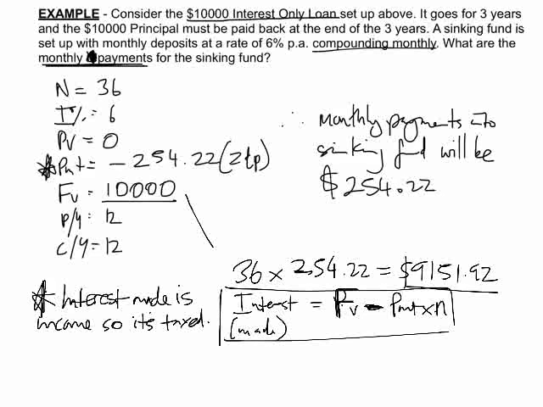So that is an example of a sinking fund, working out what the regular repayments are for that. That is basically the last thing that you need to go over. Do your exercises, finish off that timeline, and you can get going on that investments and loans practice test. Alright, so I will see you on whatever the next video is.